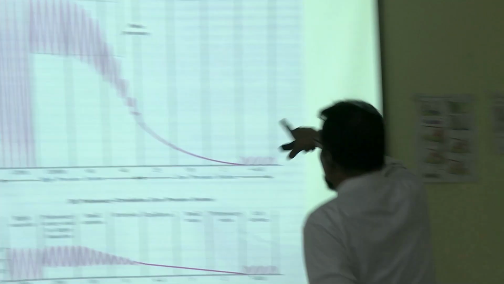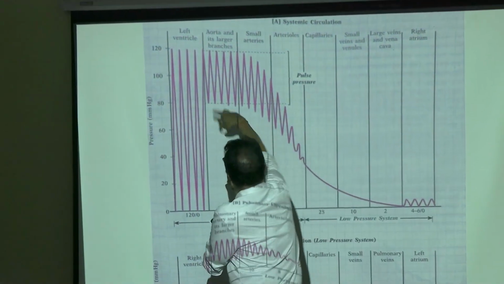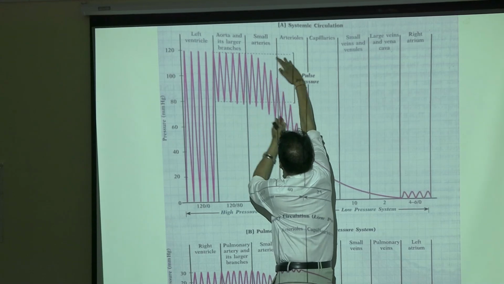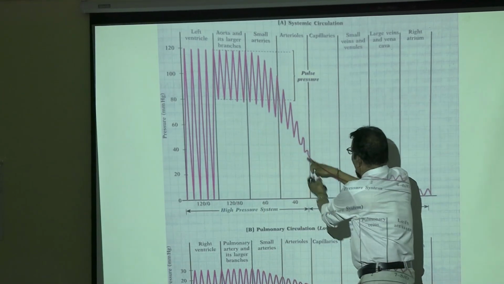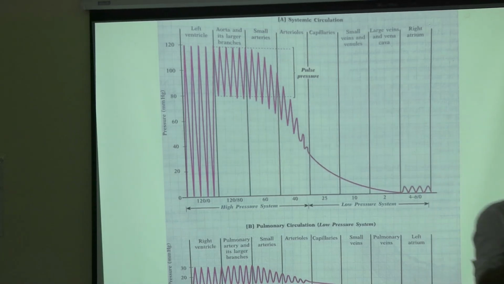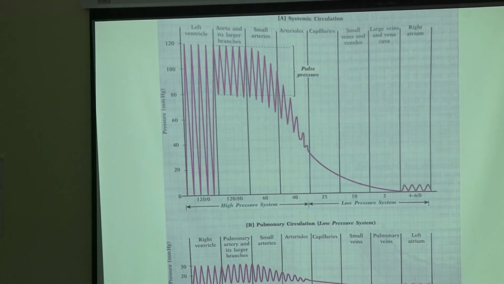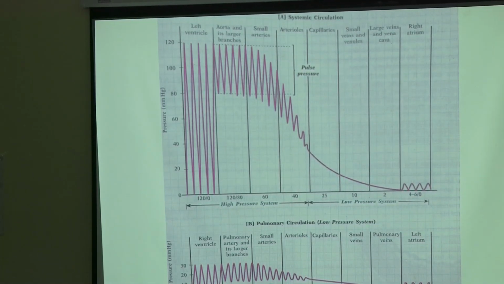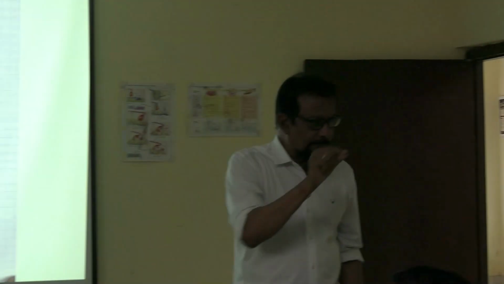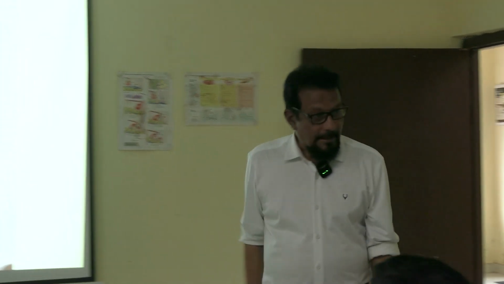See, here in the aorta the pulse pressure is this, and here the pulse pressure is reducing, and here there is no diastolic. Means single, no biphasic flow. No systole, only singular. There is only one pressure. Why?